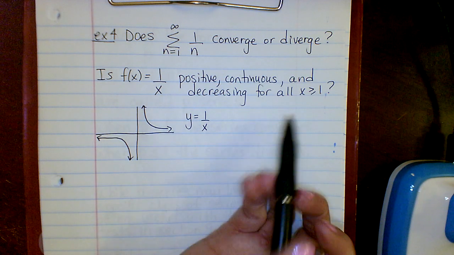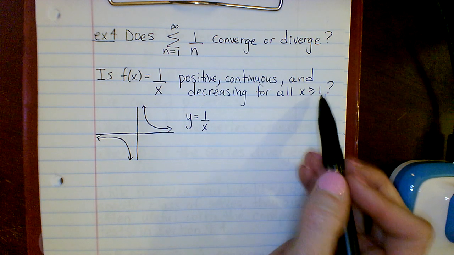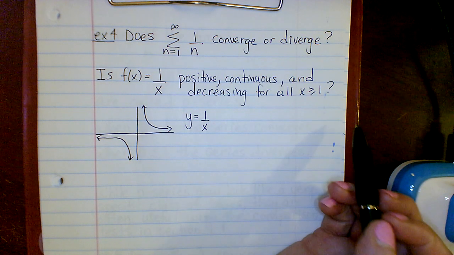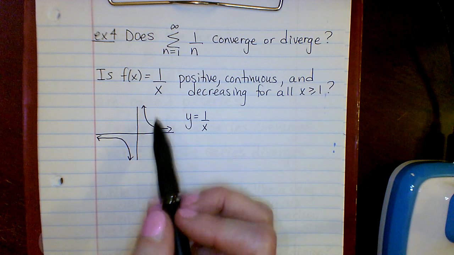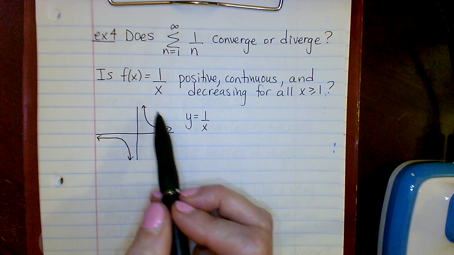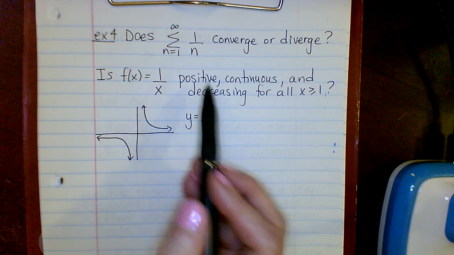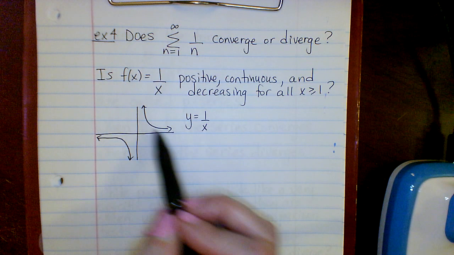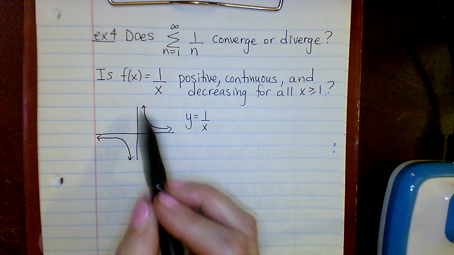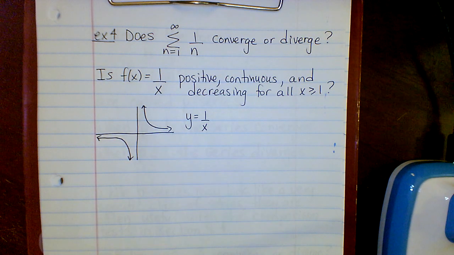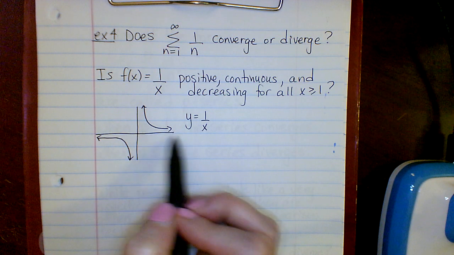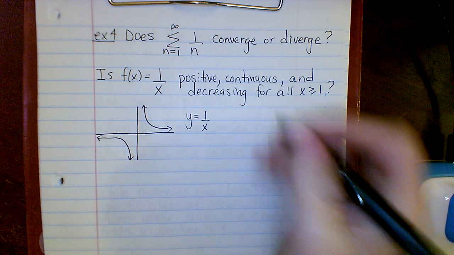That's cool, we don't care. It just has to be continuous everywhere bigger than or equal to 1. So everywhere bigger than or equal to 1, yes it is above the x-axis, so it's positive, it's continuous, and it's decreasing. See, it's going down. Those y values are going down as the x values are getting bigger. So yes.